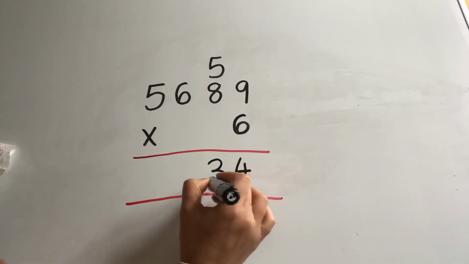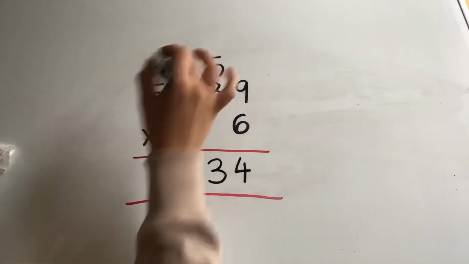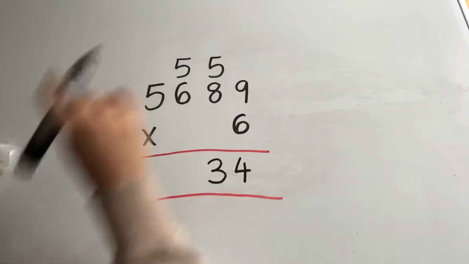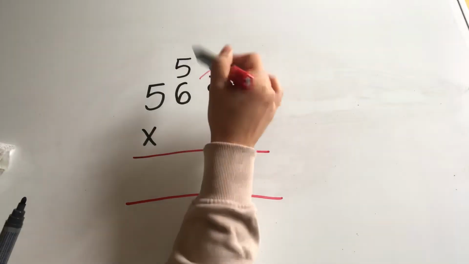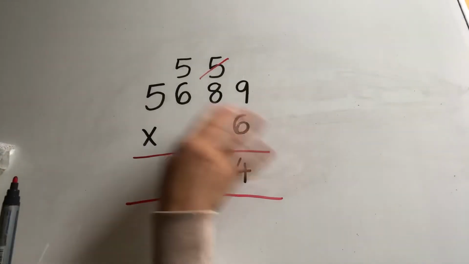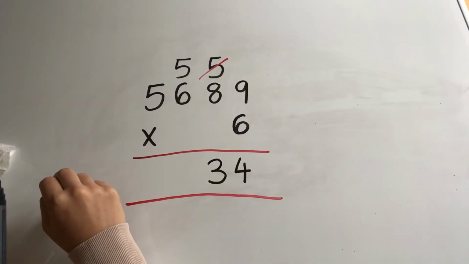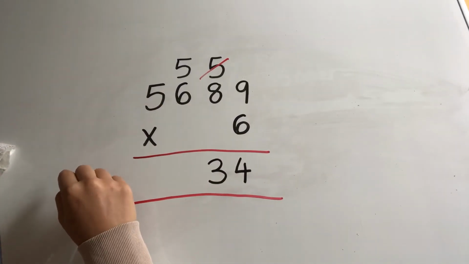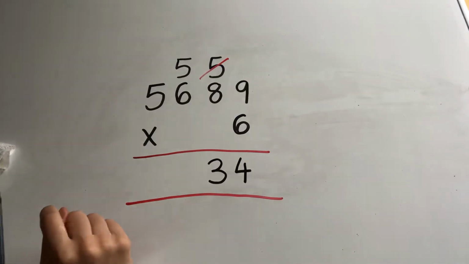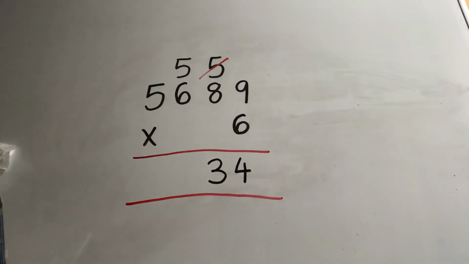So I put the 3 down, so I rename it to 3 tens and 5 hundreds. Remember to cross this out, especially as you start to solve larger problems. It's really important to make sure you're keeping track that you have added the number that you've carried. So you just cross it out so you know you've done that and you haven't missed a step.